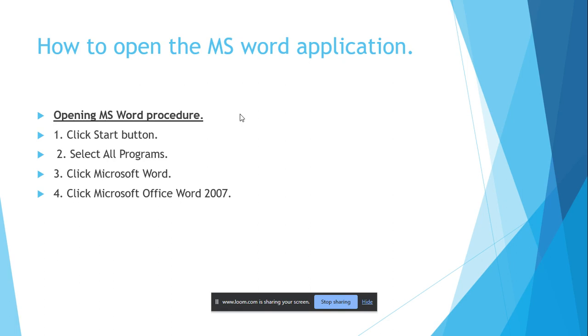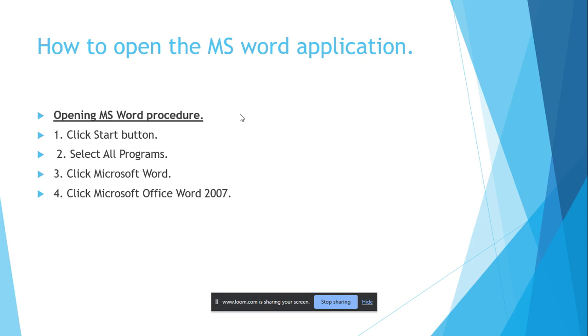Now, how to open Microsoft Word application. Click on the start button. The start button is on the taskbar, and the taskbar is located at the bottom of the screen. That is the appearance of the screen, the desktop.